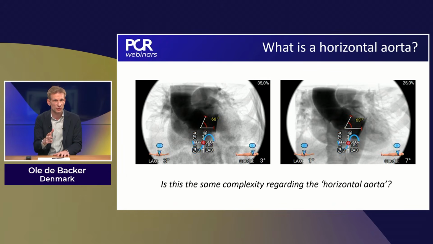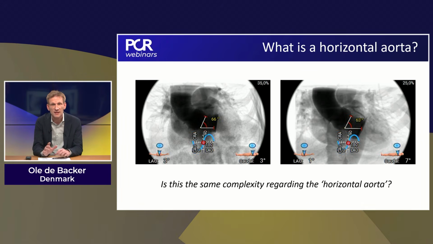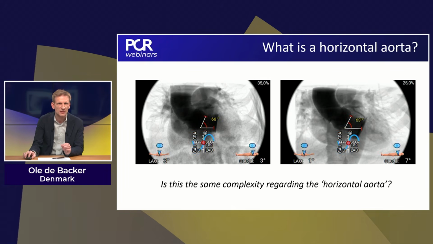You do this strictly in the tricuspid view. Don't do it in a cusp overlap view because you will typically see less angle. You measure your annulus angle to a horizontal plane. Here you see it's around 65 in both anatomies. But is the complexity of these two cases the same? Well, for me, not necessarily.